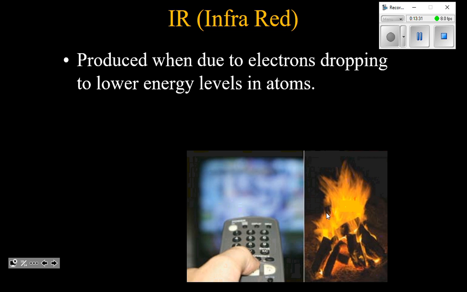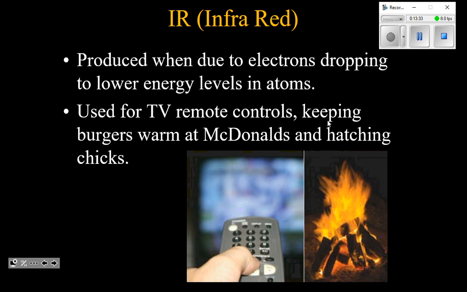So you can see that where they keep burgers warm at McDonald's with the infrared lamps that they have. Those infrared lamps are also used for hatching chicks. But the other very common place is these TV remotes. Most TV remote controls use an infrared signal. So the ones that I use to turn on my projectors, again, infrared.